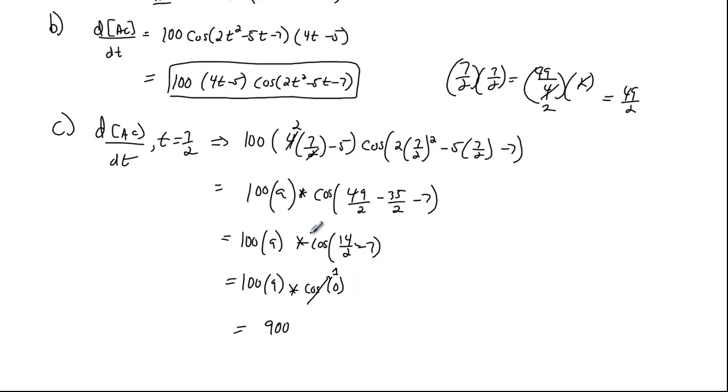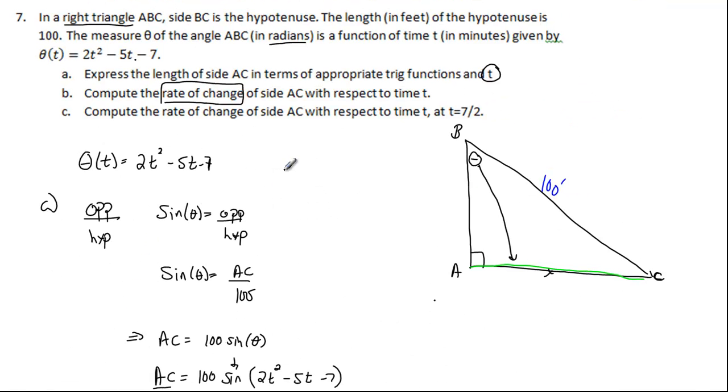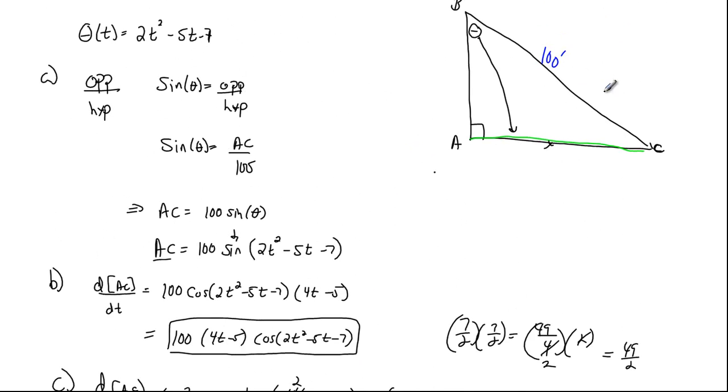But be careful, we have to have units here. We have the rate of change of the length AC with respect to time. Our length is in feet, and our time is in minutes. So this will be 900 feet per minute. Notice I didn't need to pull up a calculator for anything.